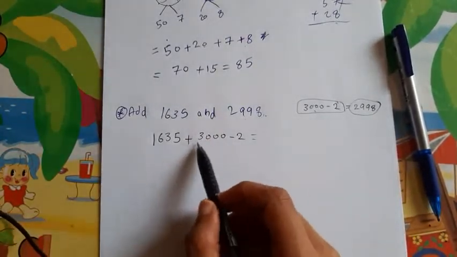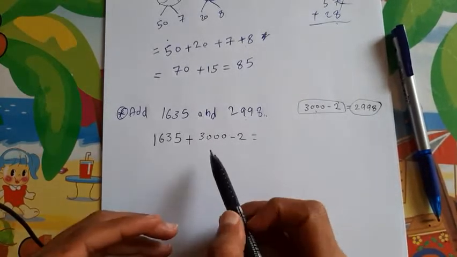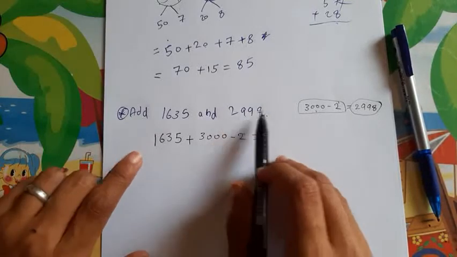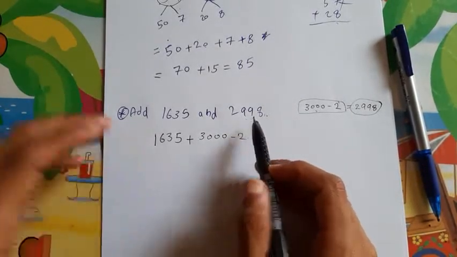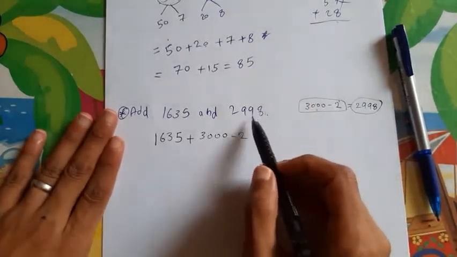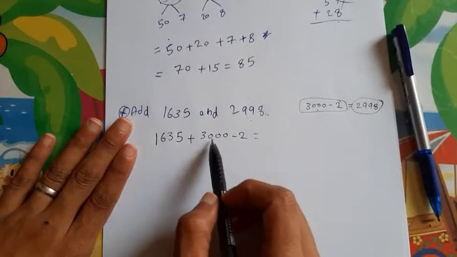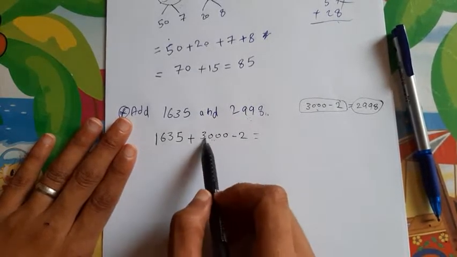Because dealing with 3000 is easier than this number, because it has a lot of digits. It's kind of difficult to deal with. So with 3000, now it becomes easier for me to do the addition. Now I have 3000 here.